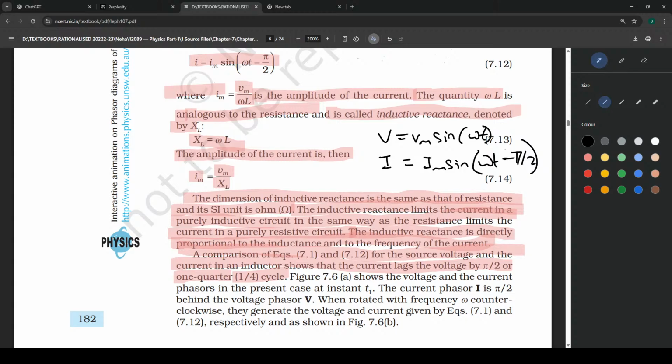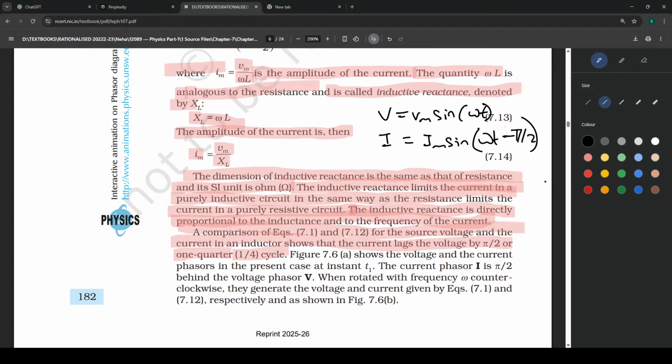When we compare, here the angle is omega t, and here the current angle is 90 degrees behind the angle of the potential difference. That means current is lagging voltage, it is behind voltage by an angle of 90 degrees. And in this case, we can clearly say current and voltage are not in phase.